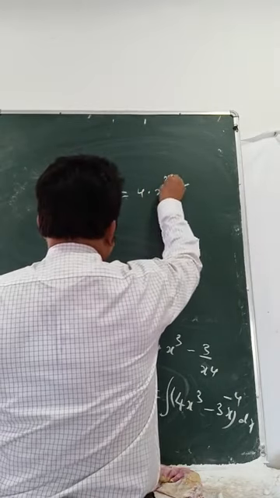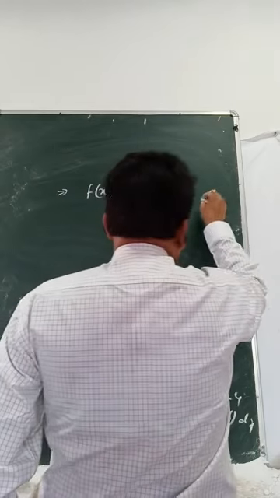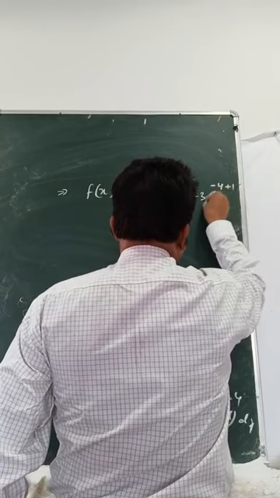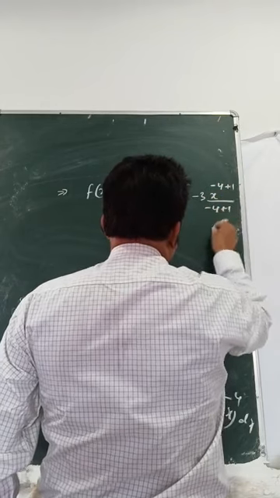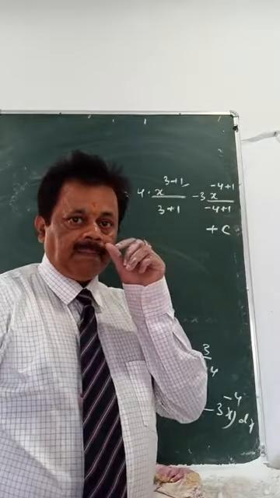Now the power formula here: 4x to the power 3 plus 1 by 3 plus 1, minus 3x to the power minus 4 plus 1 by minus 4 plus 1, plus constant of integration. Only one constant you have to add here.